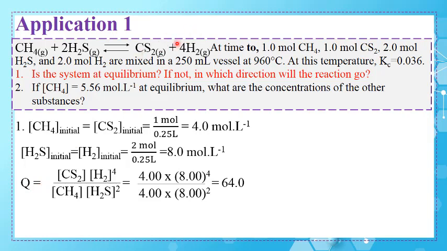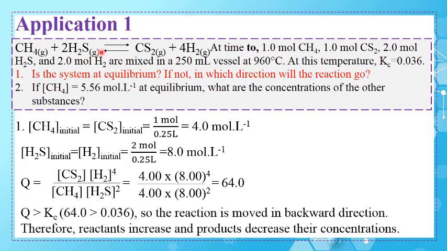When the concentration of the product decreases, so when we move in the backward direction. So the reaction moves in the backward direction, therefore the reactants increase and the products decrease in concentration.